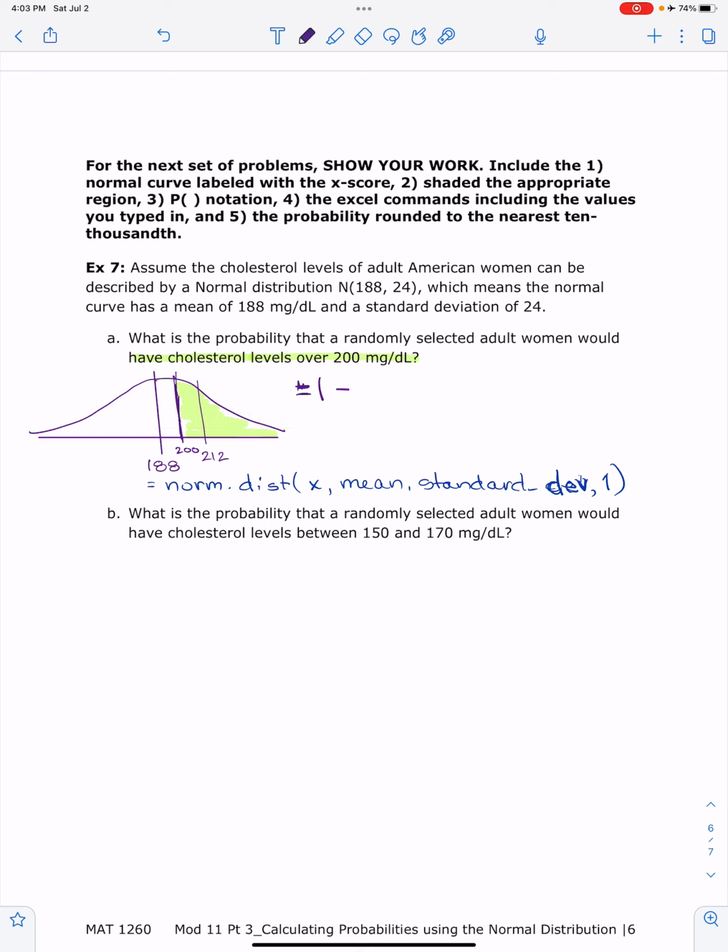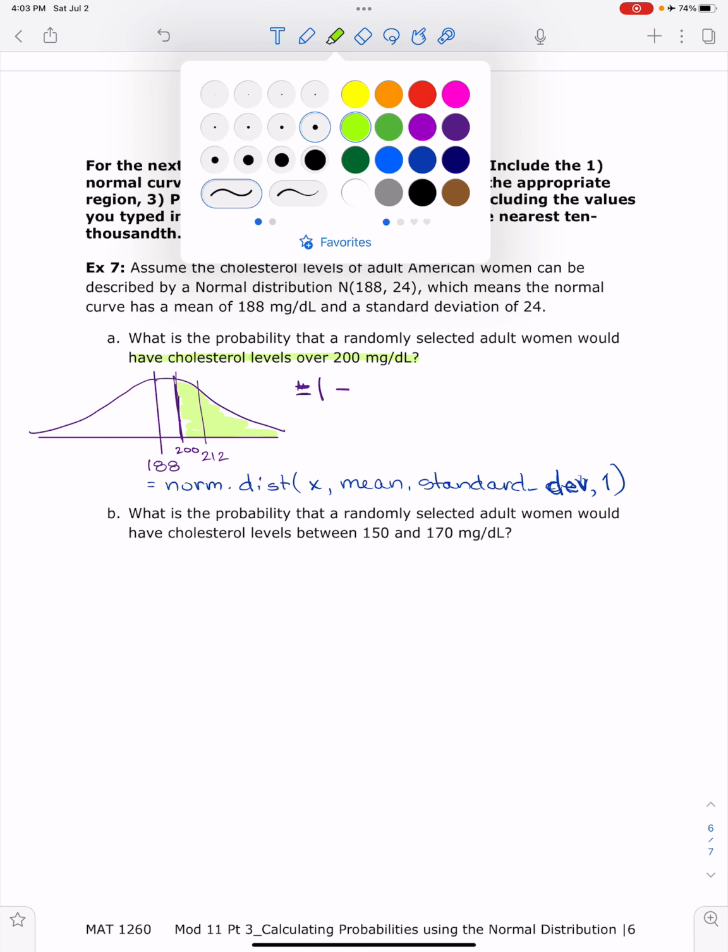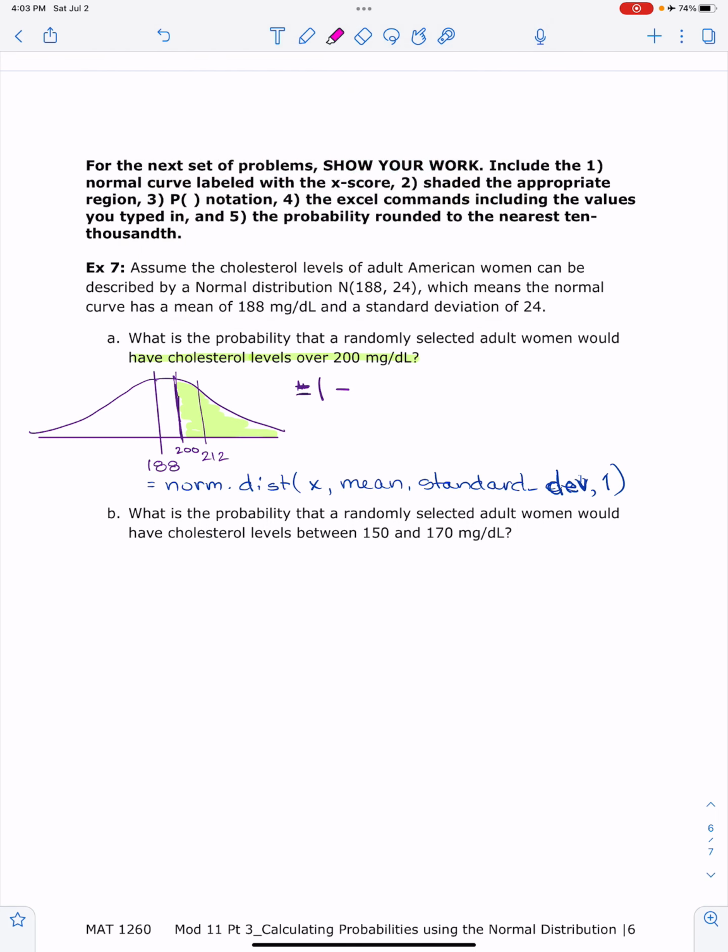And so this is the Excel command we're using this time. Norm.dist does the same thing our norm.s.dist does. Here, though, you can plug in, let's do this, explain this as we go through.